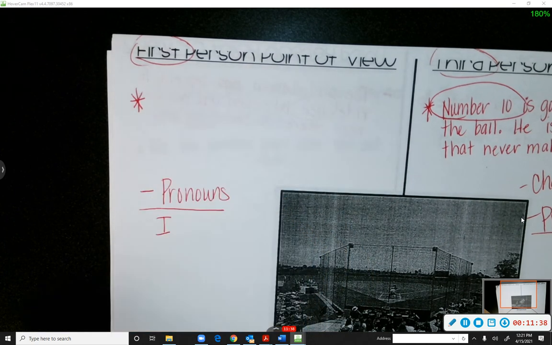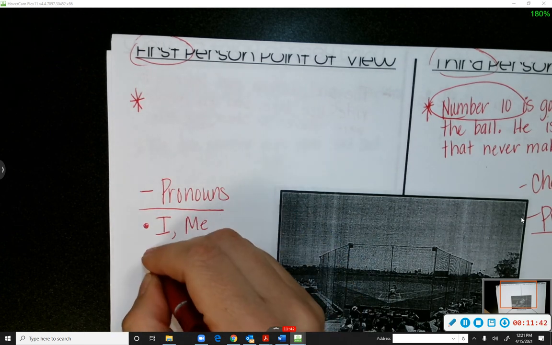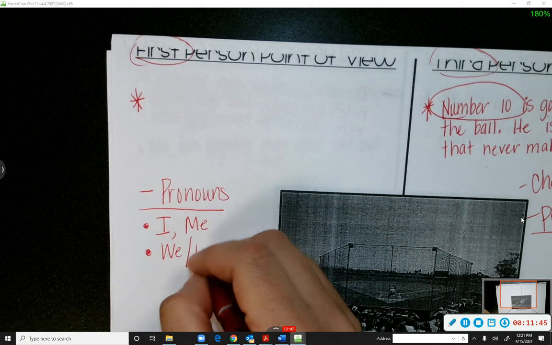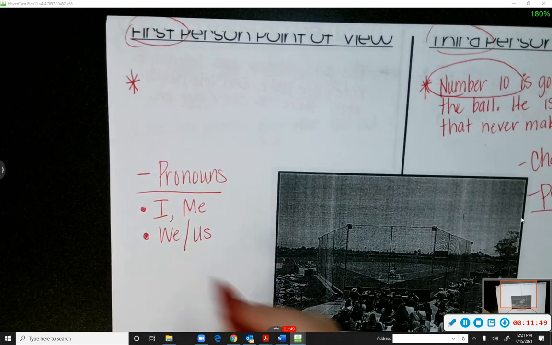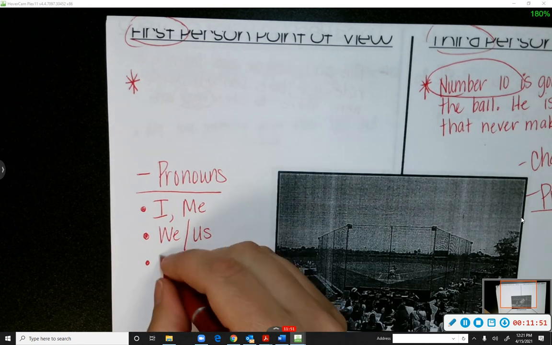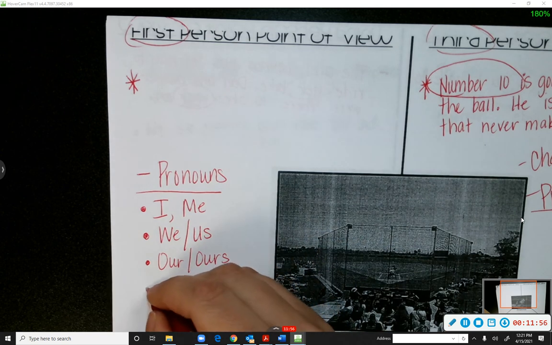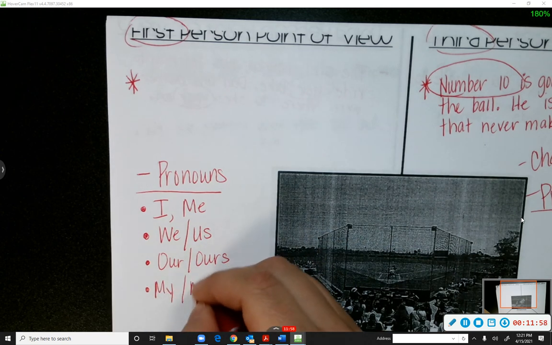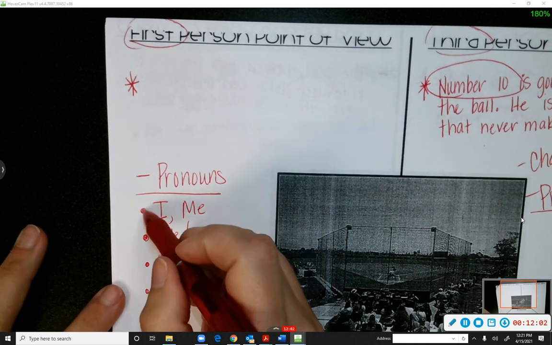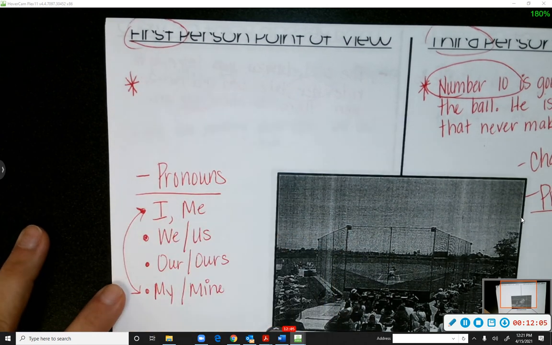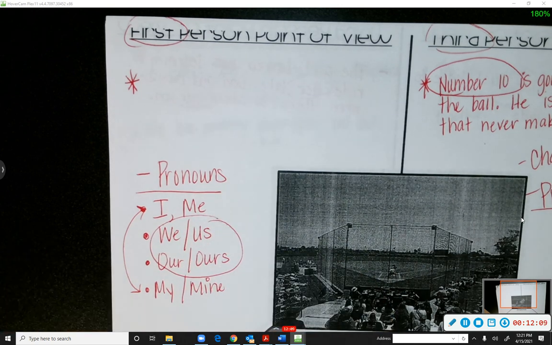I or me. We or us, if you're talking about a group of people. Our or ours. My or mine. So these go together if you're just talking about yourself, and these go together if you're talking about a group of people.